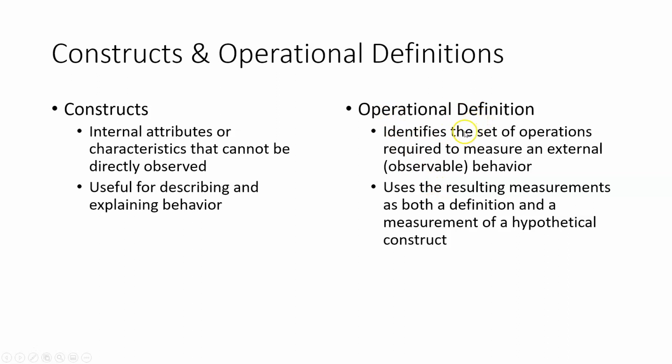We've chosen to define love as the number of kisses given. That's the operational definition. And this uses the resulting measurements as both a definition and a measurement of that hypothetical construct. So we've chosen to define love for the purposes of this study as number of kisses given. And that's both our method of measurement as well as our definition of love.